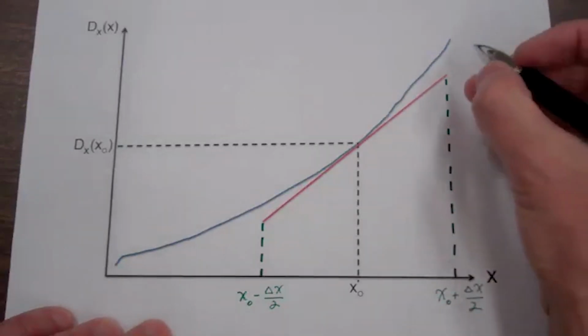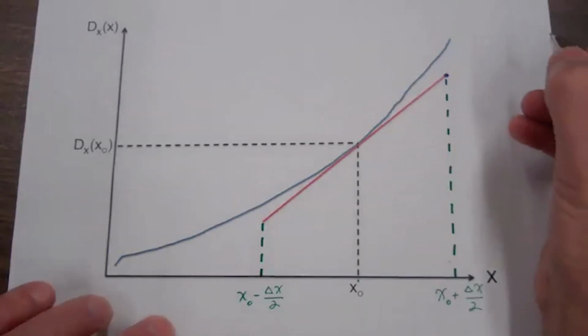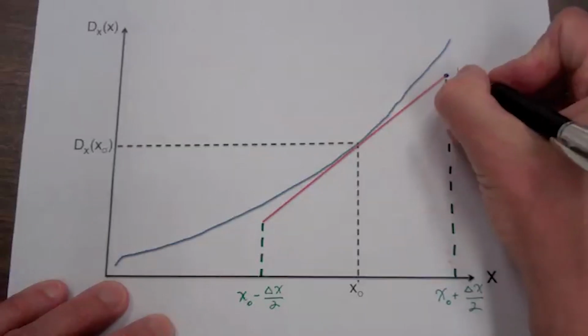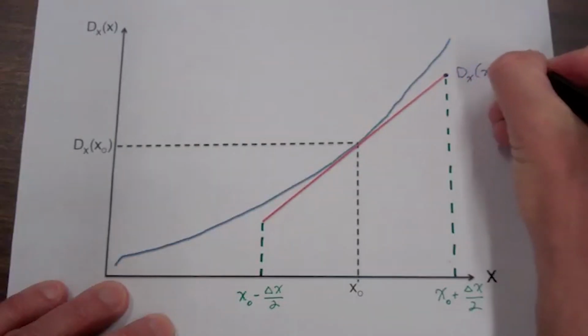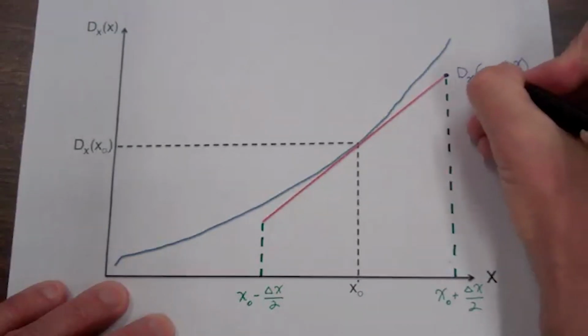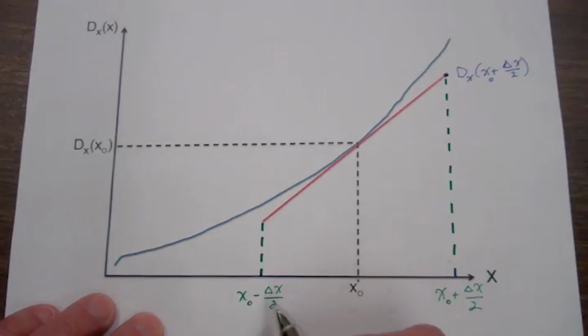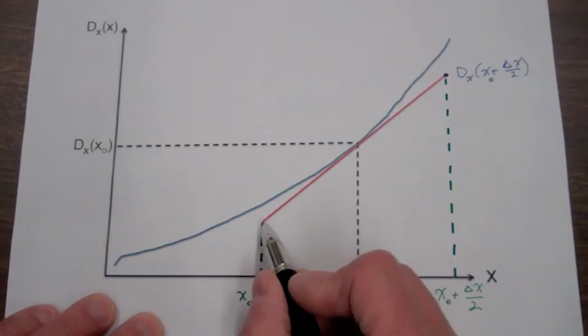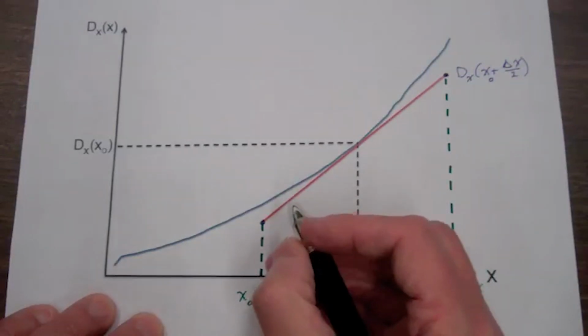So our estimate of D sub x on the front face will be this value right here, and our estimate of the electric flux density field on the back face in the x direction will be this value right here.